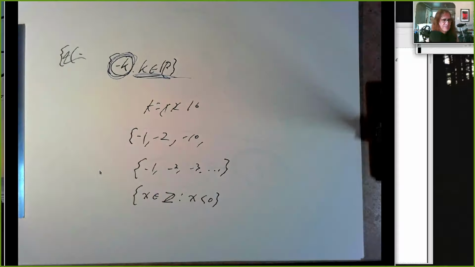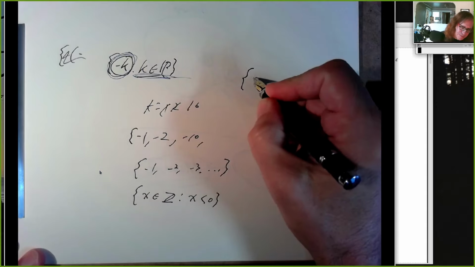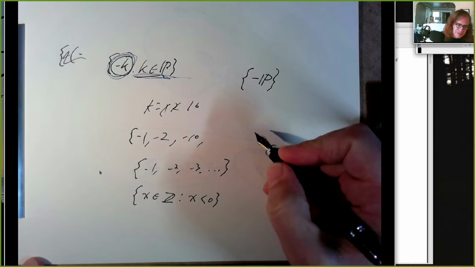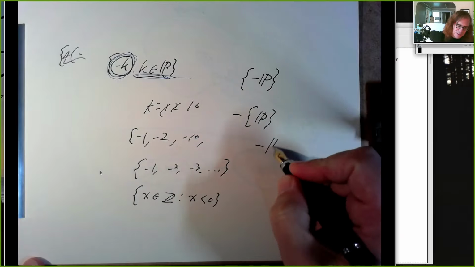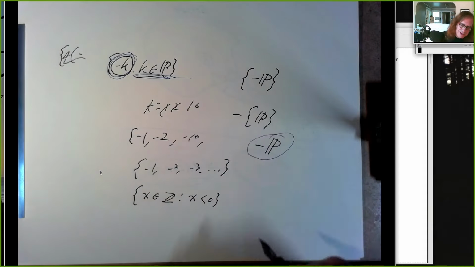A few people also suggested that this would be equal to something like this, or negative this, or negative that. Those are right in spirit, but wrong in a rigorous sense. So this isn't well defined. We don't have a notion of negating a set.